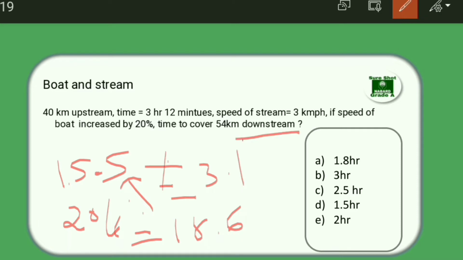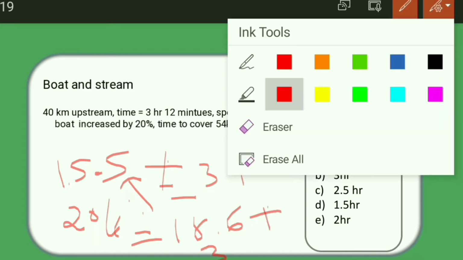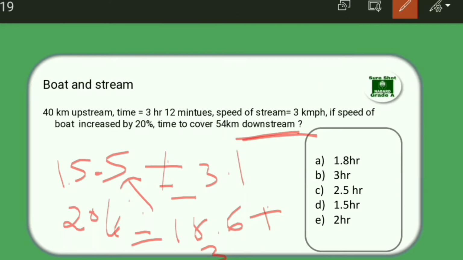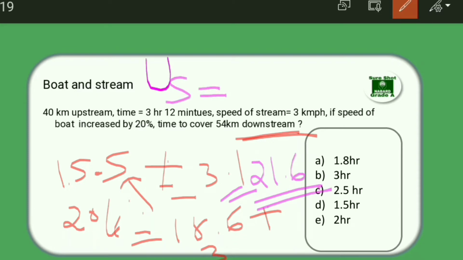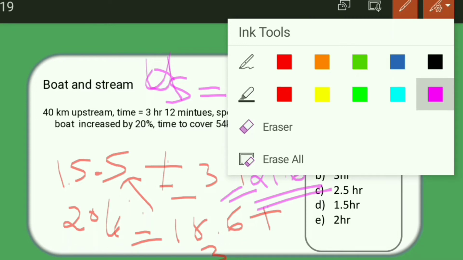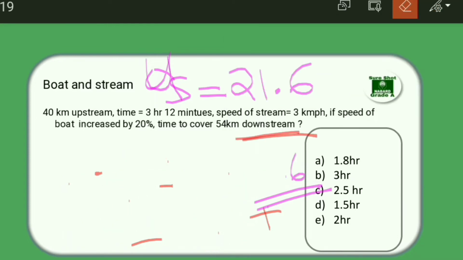The boat is going downstream, so what's the downstream speed? Speed of the boat plus speed of the stream. 18.6 plus 3 comes to 21.6.